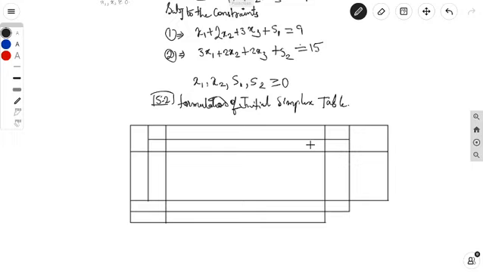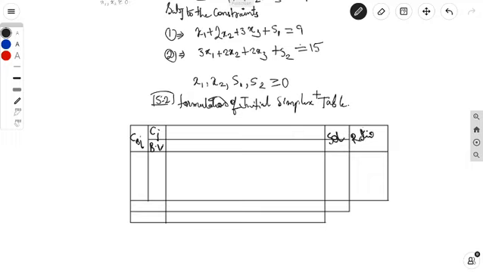After getting the initial simplex table, we need to fill it. Here we have CBi, that is nothing but the coefficient of basic variable. Here we have Cj, the coefficient of the objective function. Here we need to write the basic variables. This is the column of solution. This is the column of ratio.